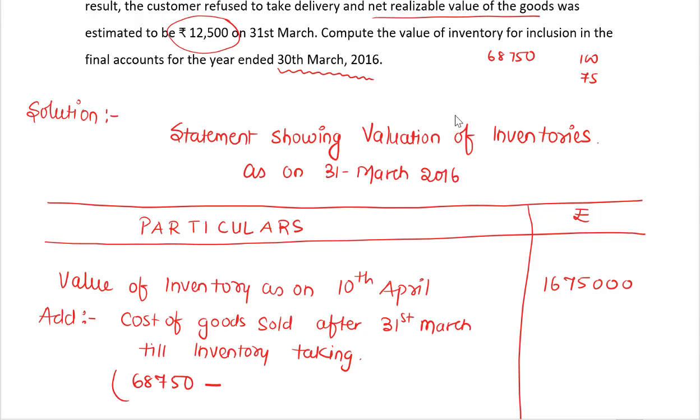What would be the 75%? 75 multiplied by 68,750 divided by 100. This would be 51,560.